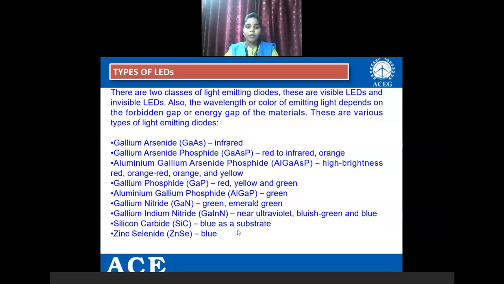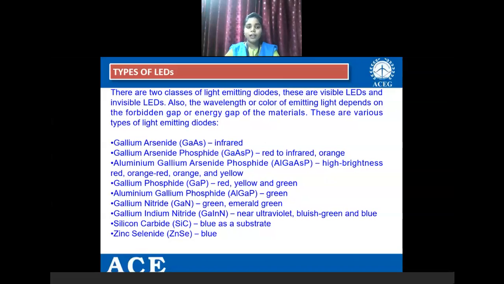Silicon carbide gives blue, as substrate. Zinc selenide gives blue. These are the different types of LEDs and the colors emitted by them. Clear?